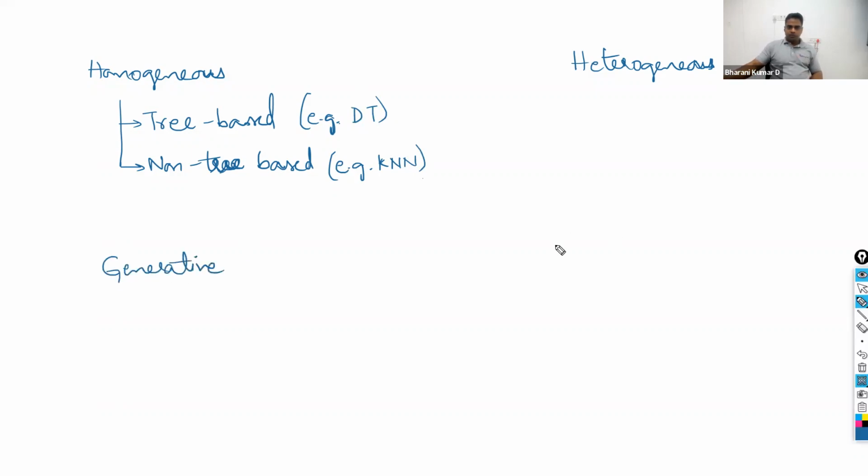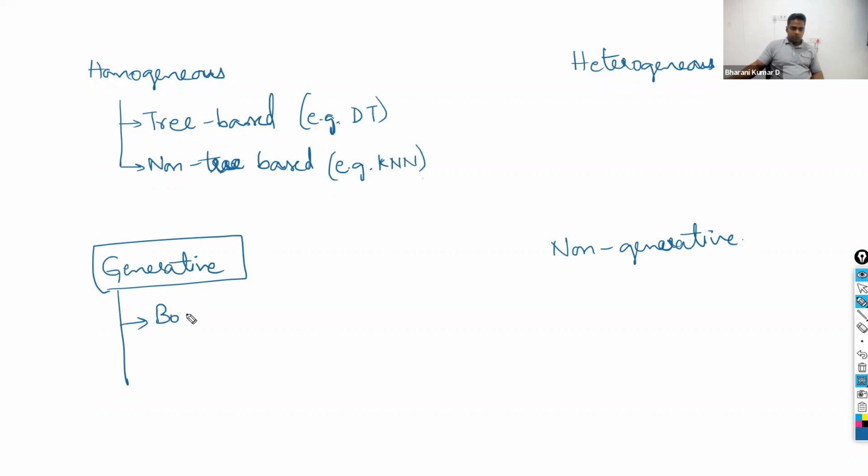We have generative, non-generative. Within generative, you have boosting, of course, bagging. Bagging is something which is debatable, friends. But still, based on the logic which our friend was talking about, you're saying that different algorithms are different, but the test data is still the same.